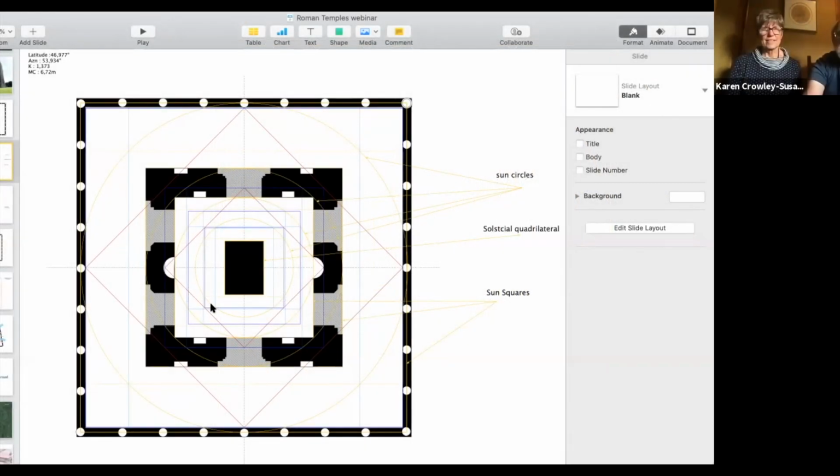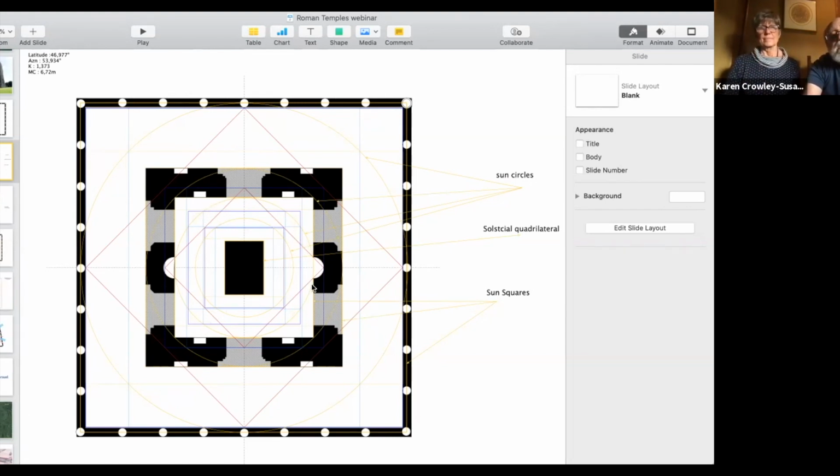You have the mandala of the place. You can see the mandala of the place with its solstitial quadrilateral here and the lunar quadrilateral here. And at the crossing, you have here the sun circle.